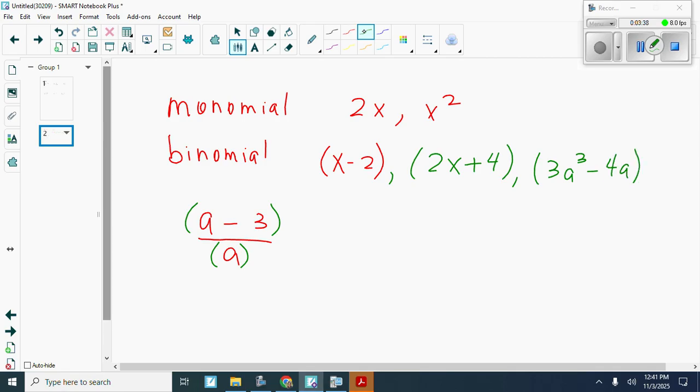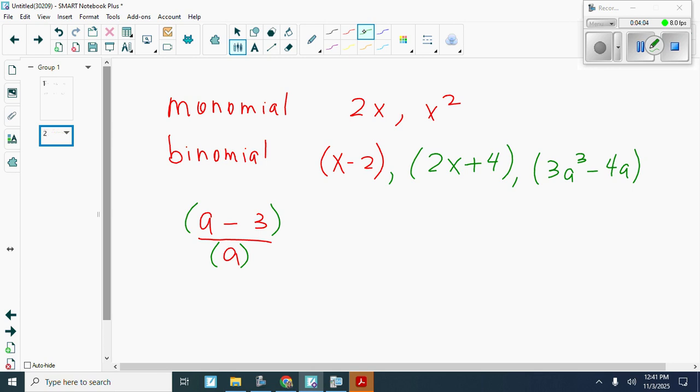Bi just means two, like a bicycle, two wheels. It just has two terms in it. What do you think you call the thing that has three terms in it? Trinomial, exactly. Once we get past 1, 2, and 3, that's where we use the word poly. Polynomial just means many terms. So all of these are just special types of polynomials.